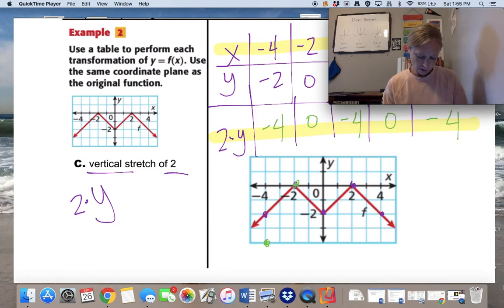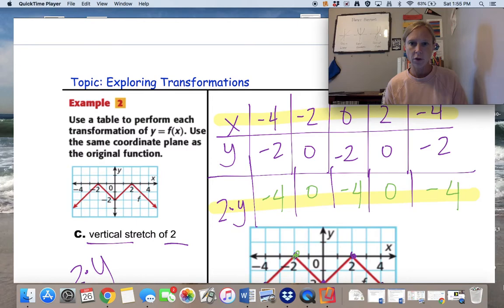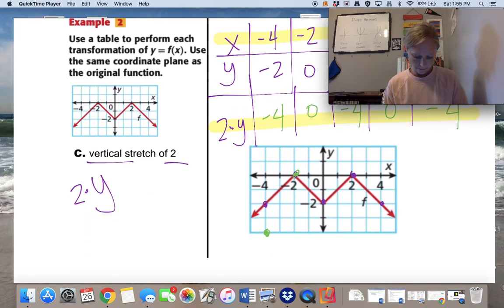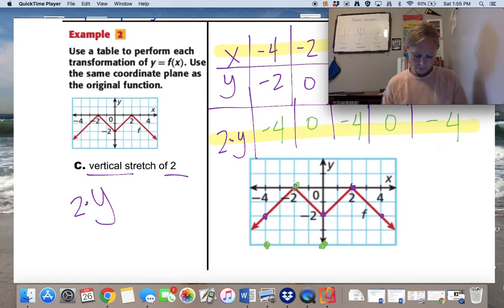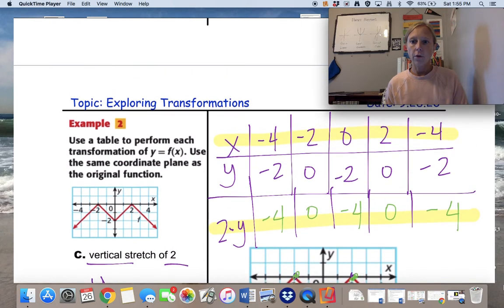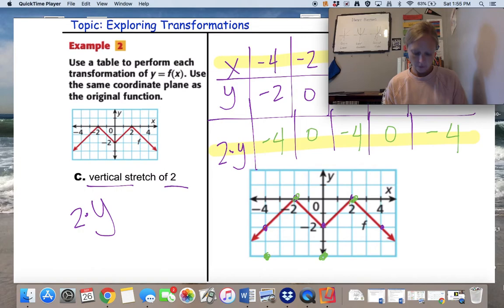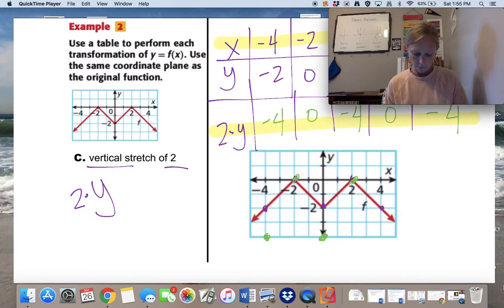So stretches and compressions sometimes will overlap. They're not going to look as neat as the reflections or the shifts do. Over 0, down 4. Over 2, up 0. Over 4, down 4.